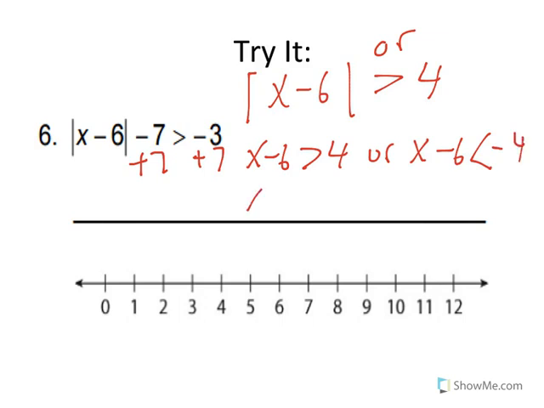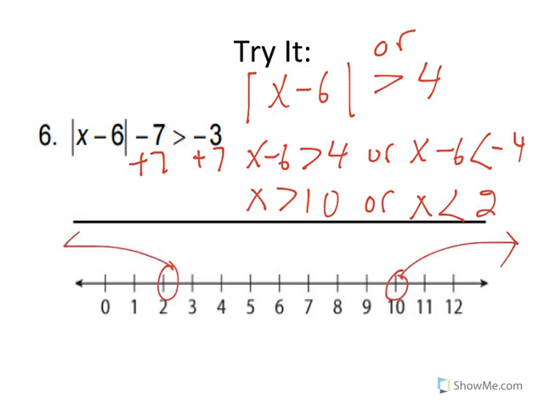Solve for x: plus 6, x is greater than 10, or plus 6, so x is less than -4 plus 6, which is 2. So greater than 10, open dot, point toward the right, and less than 2, open dot, point toward the left.